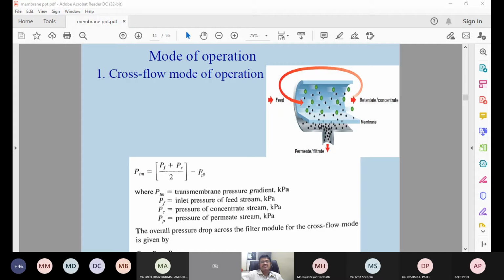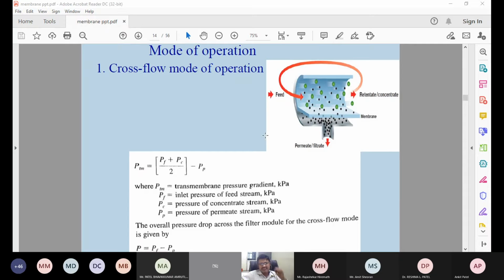Permeate is the filtered water. That is called the transmembrane pressure gradient. So that much pressure is required in operating this cross flow mode of operation of the membrane.